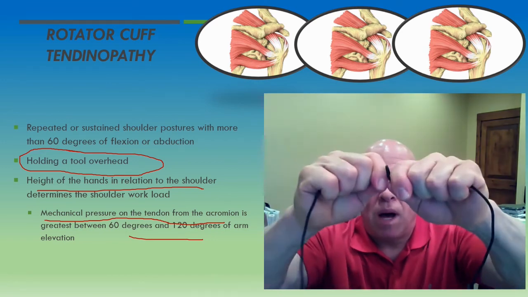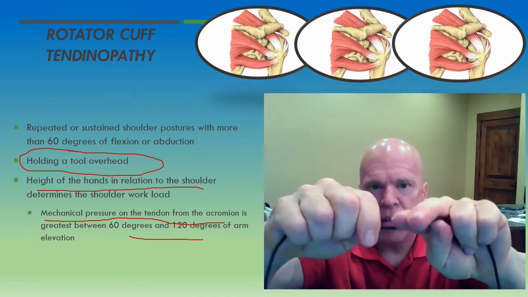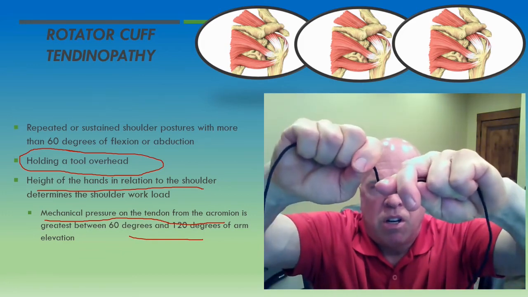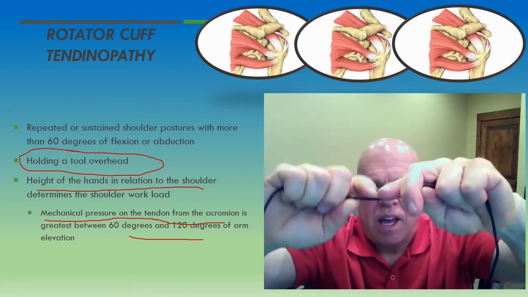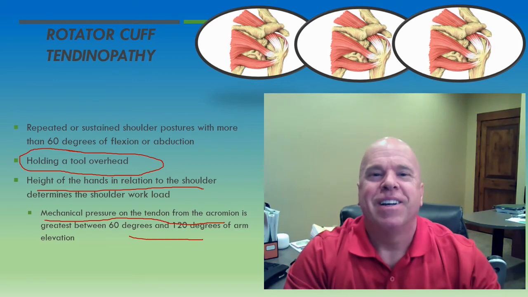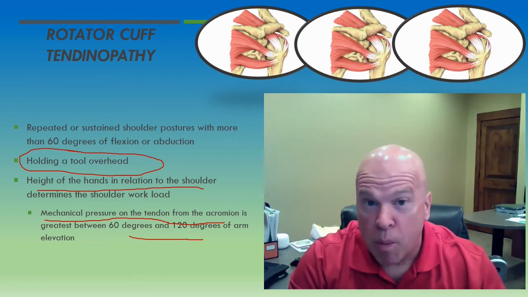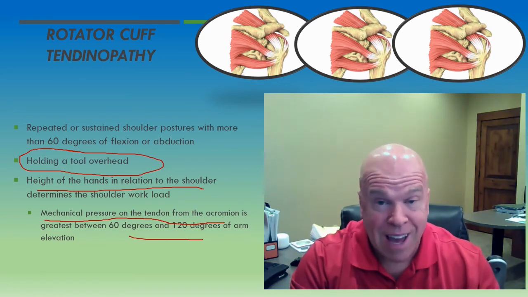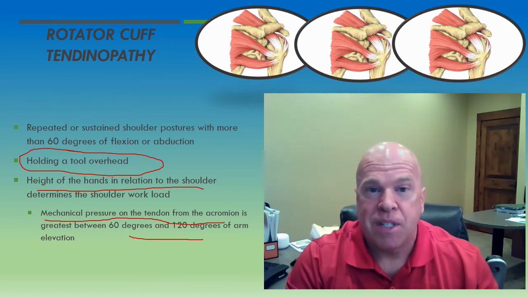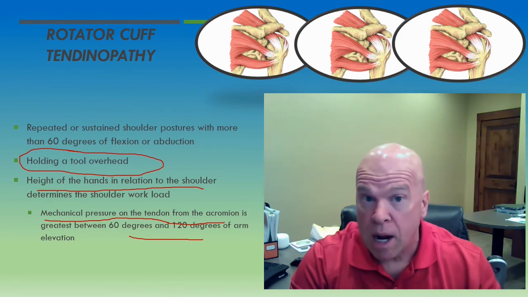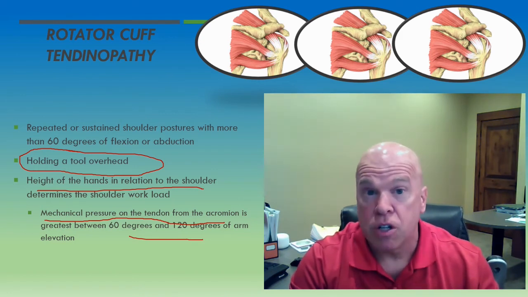So we have a combined tensile load combined with a compression load here, as the rotator cuff is compressed under tensile load against the undersurface of the acromion process. And this particular position and this particular maneuver, performed repetitively, causes decay and tendinopathy and upset of the internal cellular structure of the tendon, leading to chronic and painful shoulder conditions.